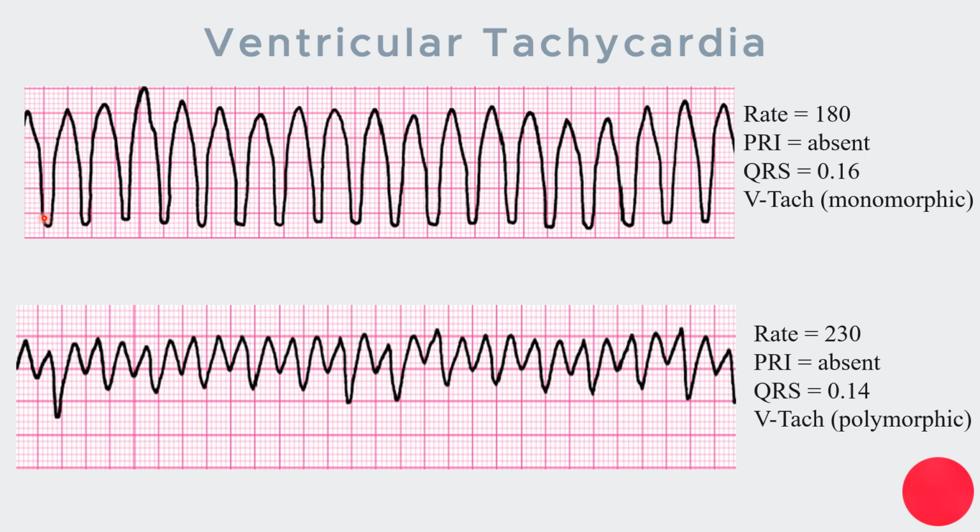Patients that do maintain a pulse in ventricular tachycardia may not feel very well, especially depending on how fast the ventricular rate is. As in this strip, it's at 180. And the cardiac output for those patients is likely to decrease as their heart rate is increased. The heart has less time to fill and will become less efficient.